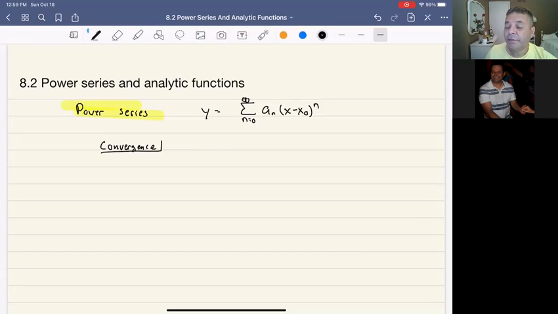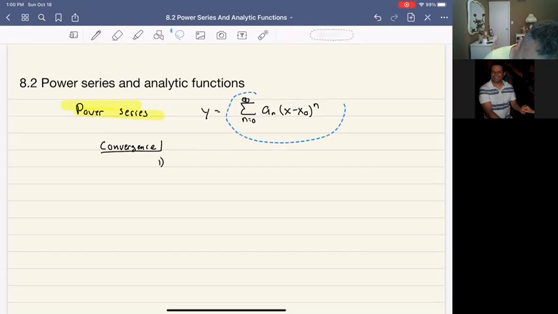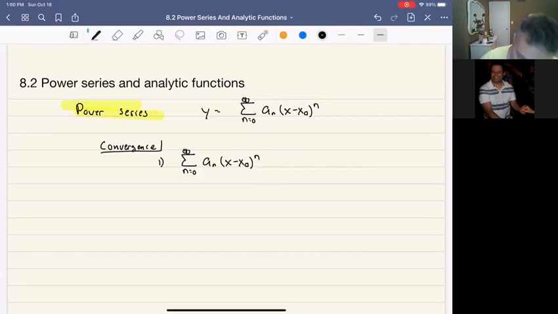Okay, first case, the sum, okay, this converges for some real number, for actually x minus x0 less than some L, okay?